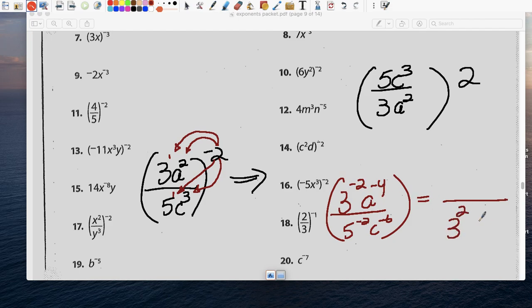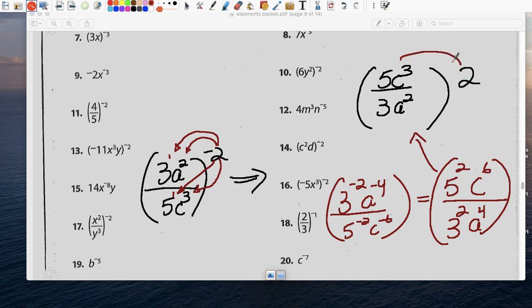A to the negative 4 goes to the other side and becomes positive, 5 to the negative 2nd power likewise, and c to the negative 6th power likewise. This is the same thing as the first way, except we haven't multiplied yet. But you'll notice that 5 to the 1st power times 2 is 5 to the 2nd, c to the 3rd power times 2 is c to the 6th, 3 to the 1st power times 2 is 3 to the 2nd, and a to the 2nd power times 2 is a to the 4th.